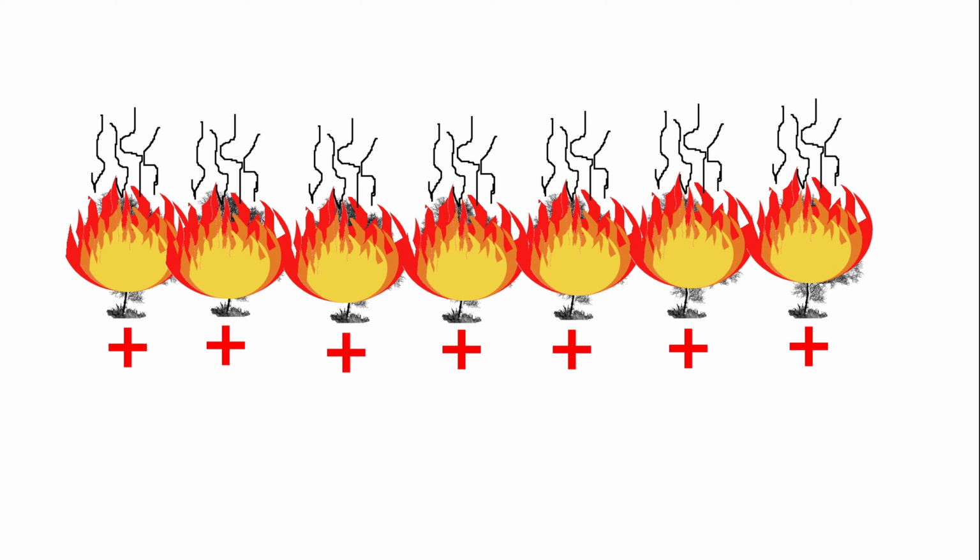So it takes a little bit of time, a few nanoseconds maybe, for the entire line to light up. But this is what happens when you close the switch on a pre-charged line. It starts producing current across the entire line.